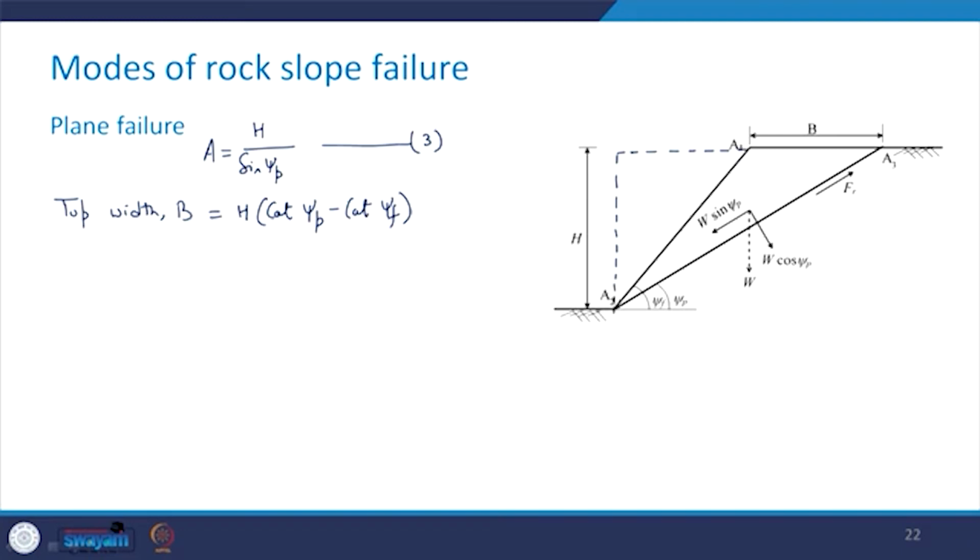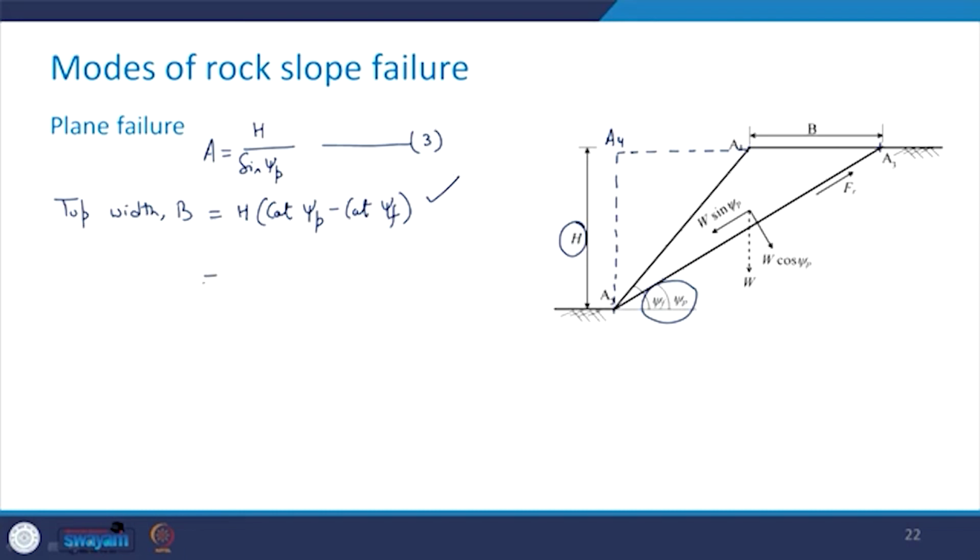So, this top width will be what? Let us say this point is some point A4. So, this will be A4 A3 minus A4 A1, and this A4 A3 and A4 A1 can be determined in terms of this H and these two angles, and what you will get is in this particular form.